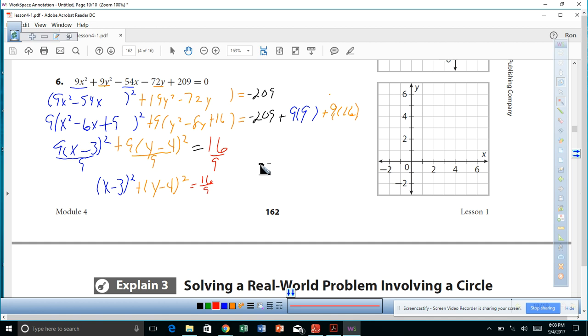So my center is going to be 3, 4. So let's find 3, 4 right there. And my radius, r, is going to be the square root of 16 over 9, which is 4/3.